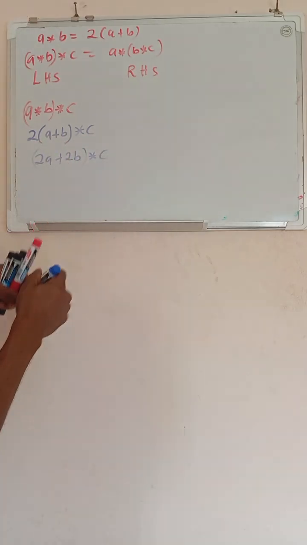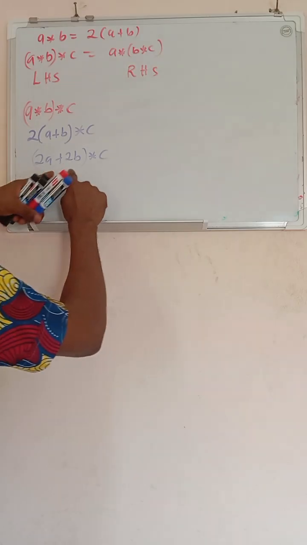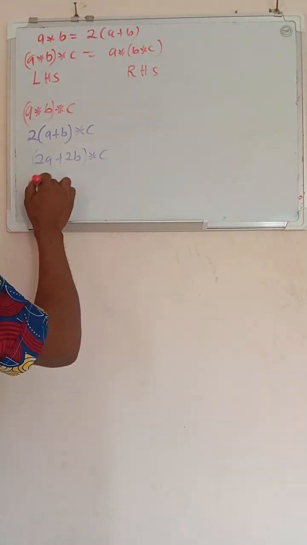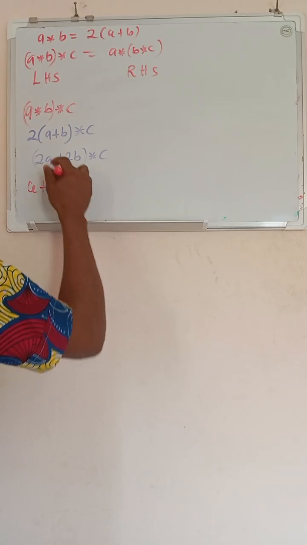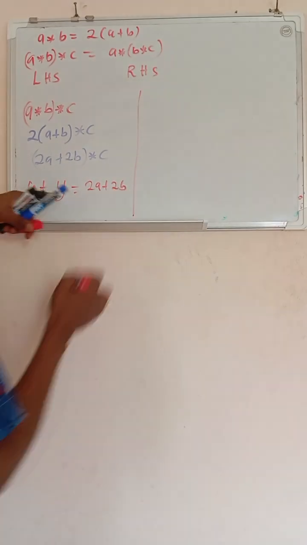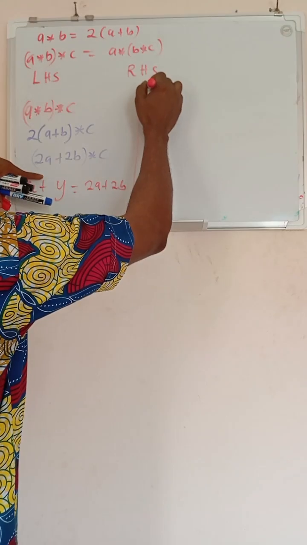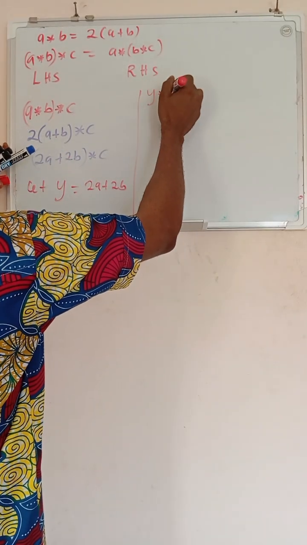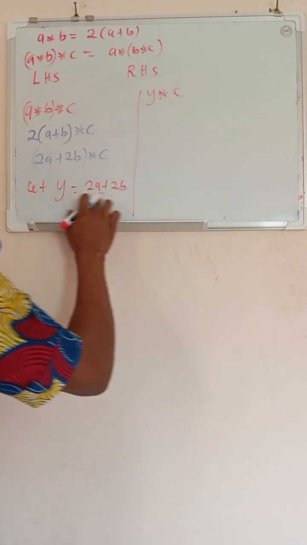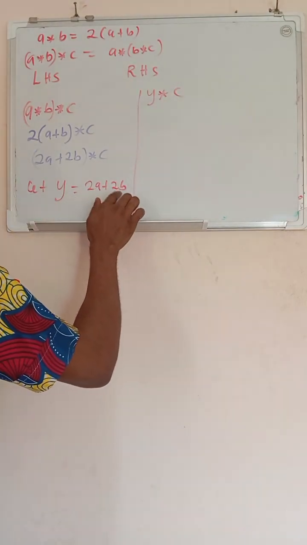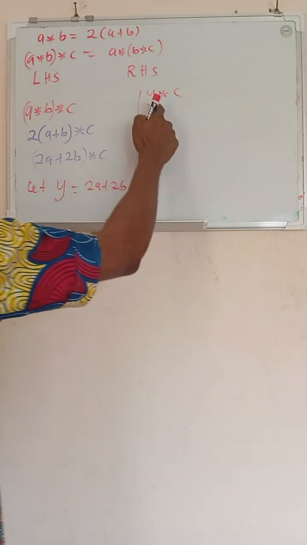Recognize this one as a whole. Let y equal 2A plus 2B. So let us represent it as y asterisk C. We have replaced 2A plus 2B with y in this equation.